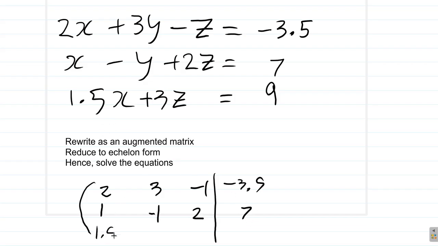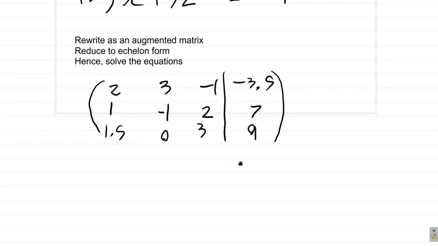And for 1.5x, there is no y there, so it's 0y, then 3z, and 9. Then we reduce to echelon form.